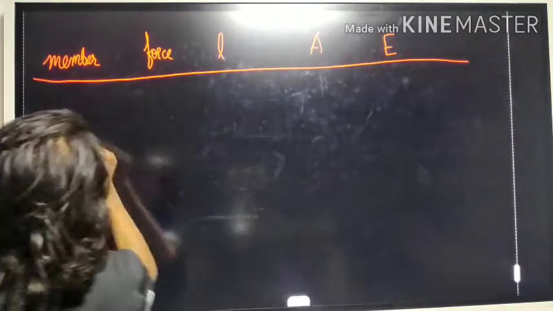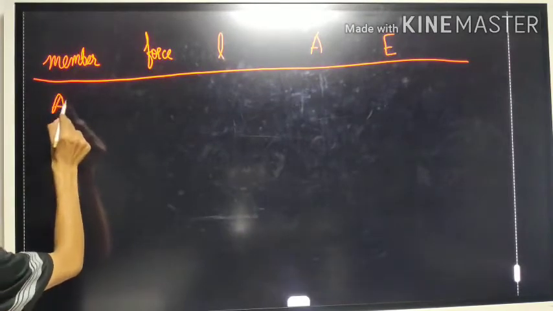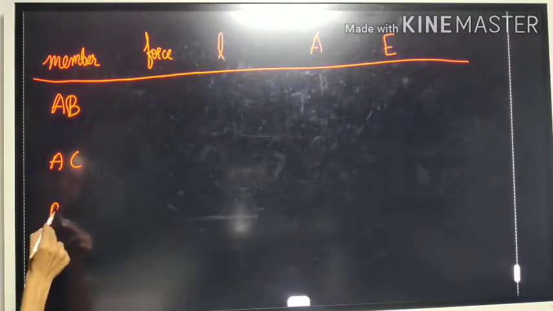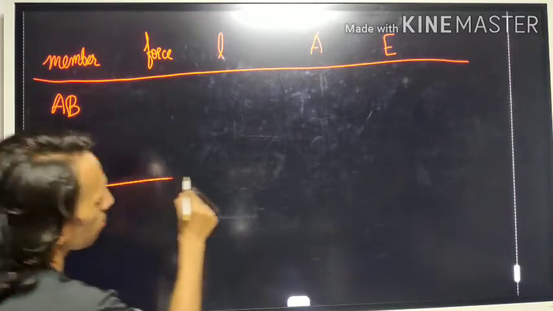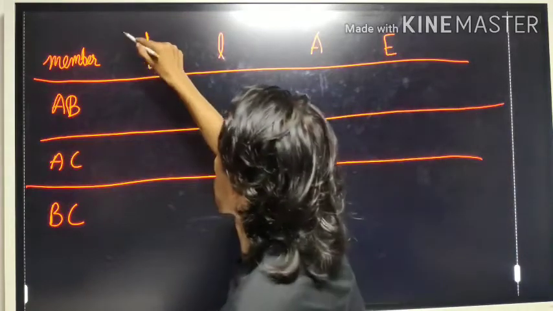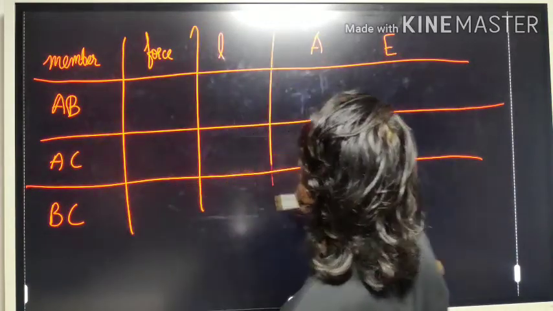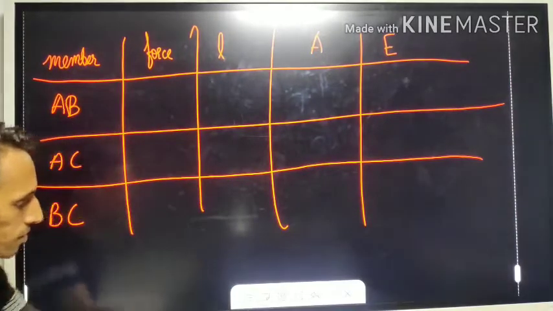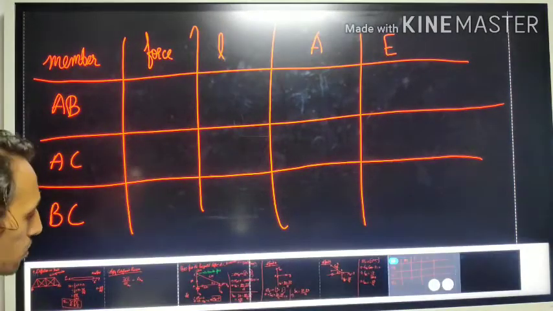So our first member was AB, then AC, and then BC. So there were 3 members. It was a simple question. So let me start writing the values.